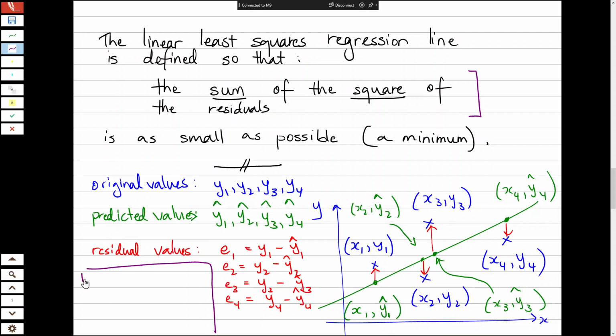We choose A and B. So remember, y equals a plus bx. We choose A and B so that e1 squared plus e2 squared plus e3 squared plus e4 squared is as small as possible.